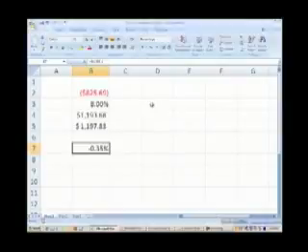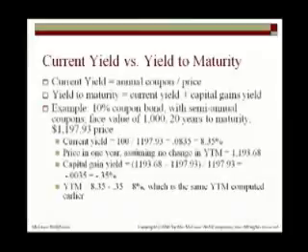All right, so there's the capital gain or loss, and it's a loss because we have a premium bond. So if we take the current yield of 8.35% and add the capital loss, which in this case is minus 0.35, we get the yield to maturity of 8%, which is exactly the yield to maturity that we calculated earlier.